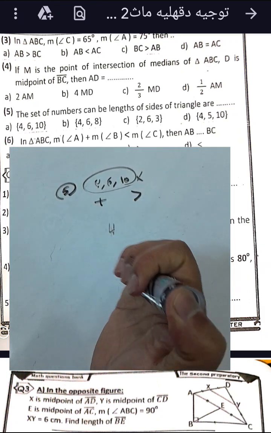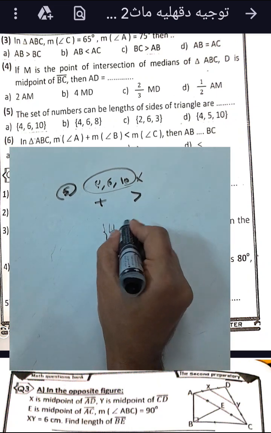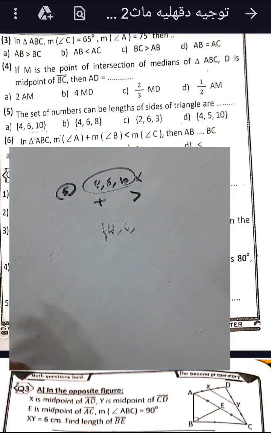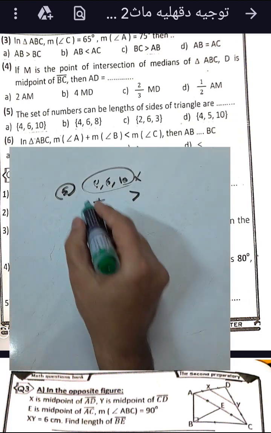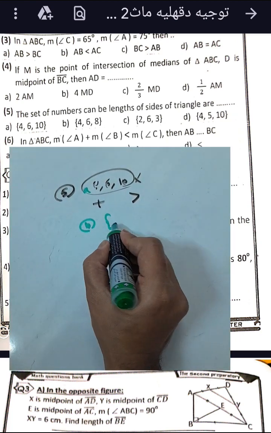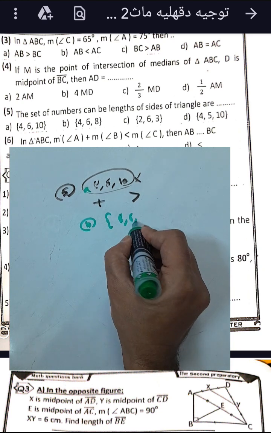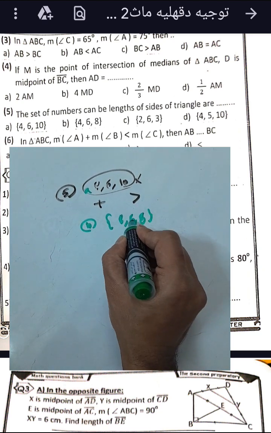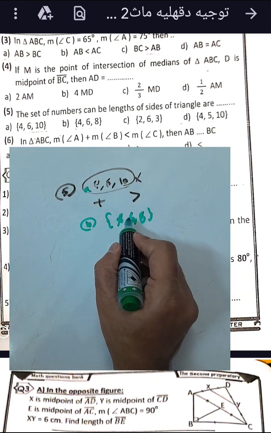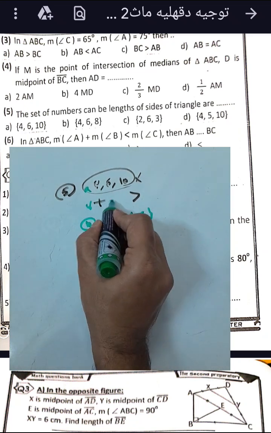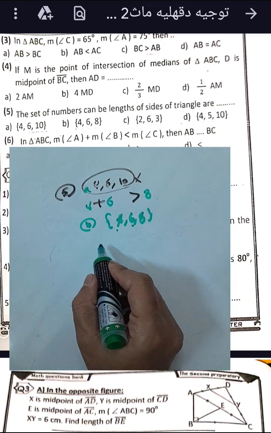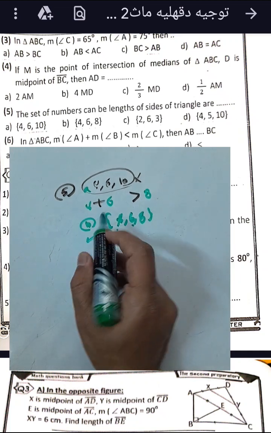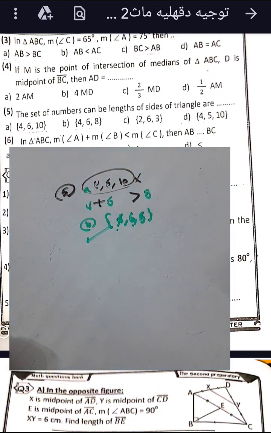Letter B, we have 4, 6 and 8. We can add 4 plus 6, 10 is greater than 8. Then the result will be true. Understood?